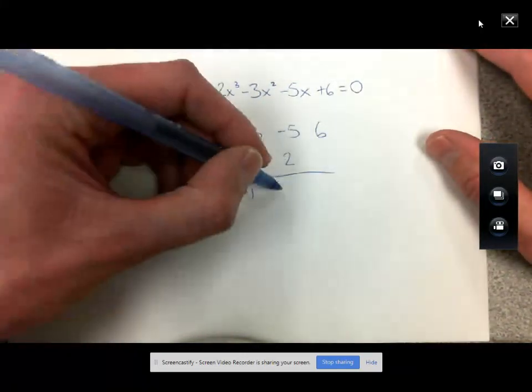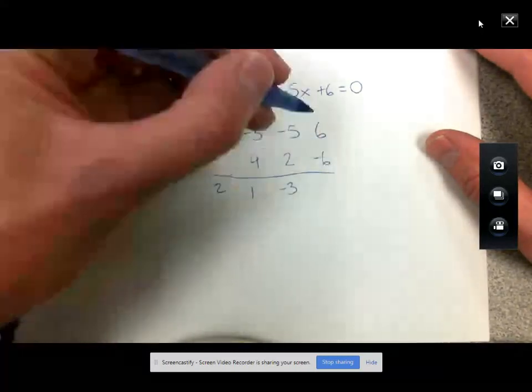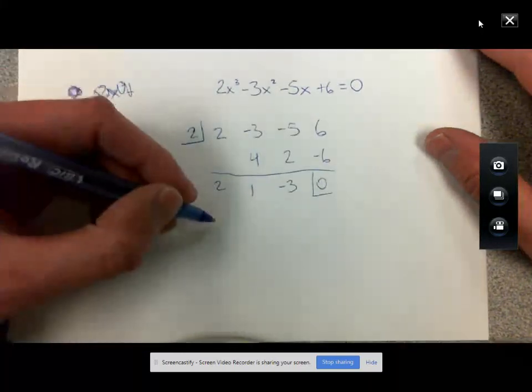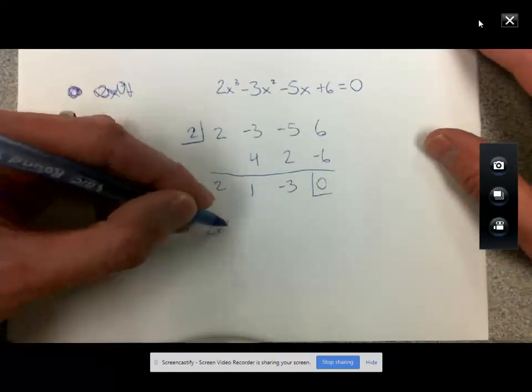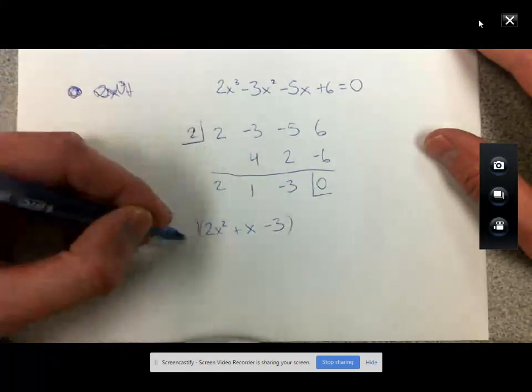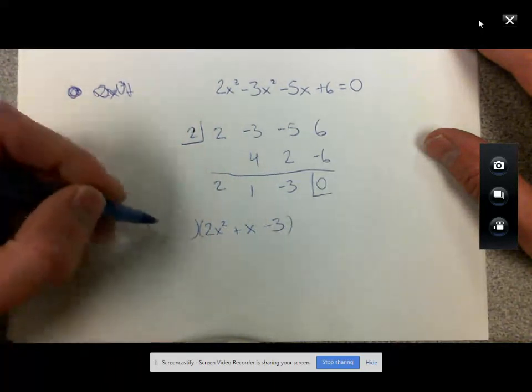-5 plus 2 is -3. Good, because 2 times -3 is -6, which gives a 0. I have 0 remainder. 2 is a factor. I'm left with then 2x squared plus x minus 3. And I factored out, remember, just because it's a 2 doesn't mean the solution over here is a plus 2.